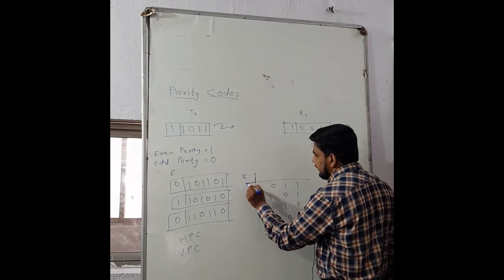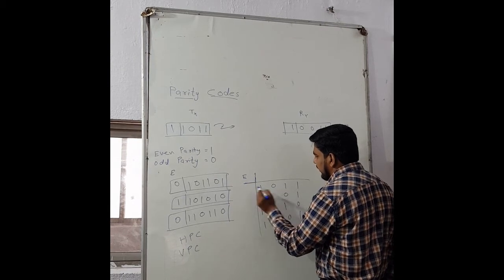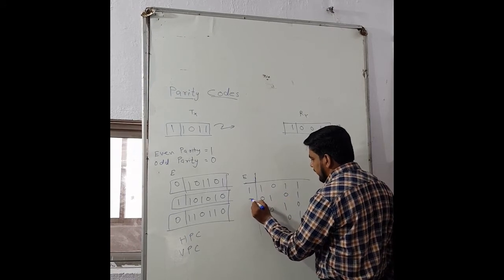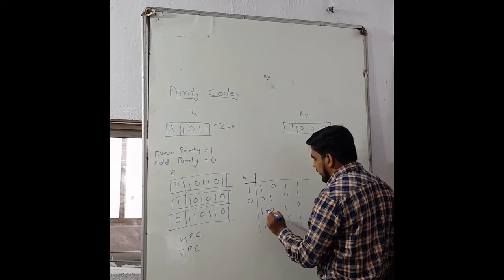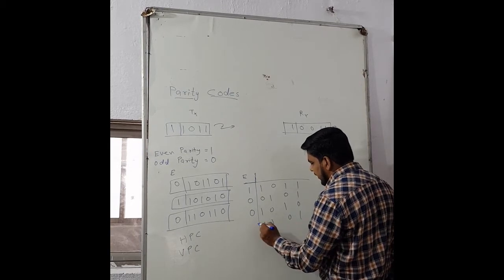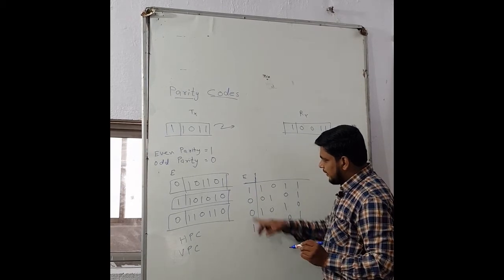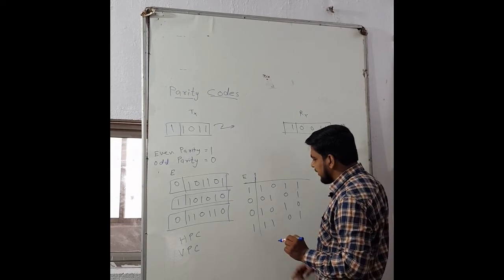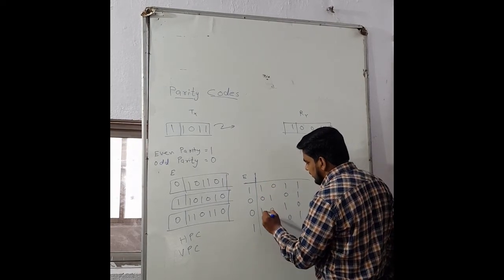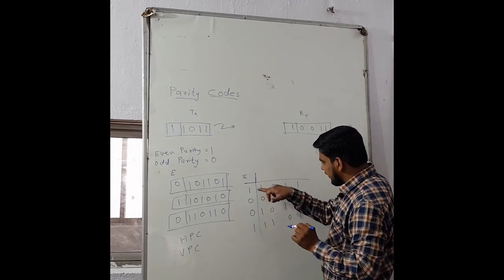So here the extra bit should be 1, here the extra bit should be 0 as the number of ones is 2, here the number of ones is 2 so the extra bit should be 0, and the number of ones is 3 so the extra bit should be 1. So this is the horizontal parity check.